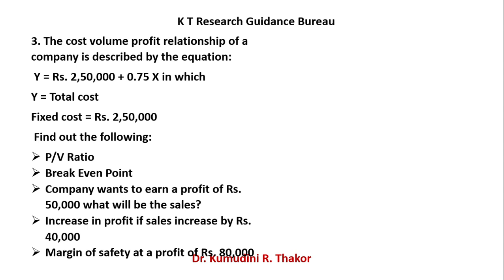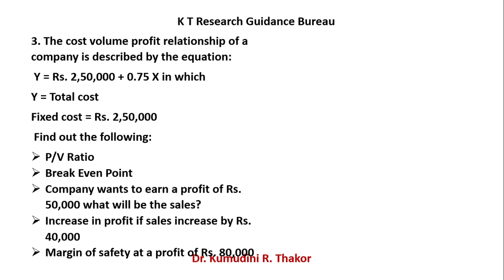So obviously your PV ratio is 25%. So apply your common sense, try to understand the data and find out the hidden information. Then easily you can solve any type of problem.